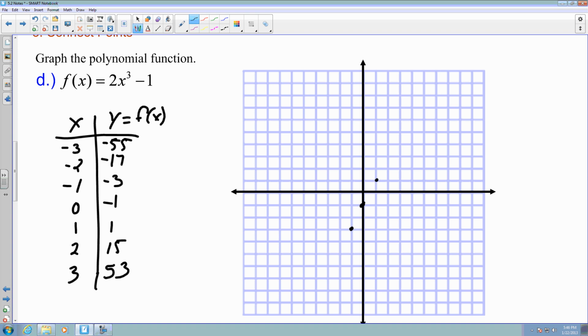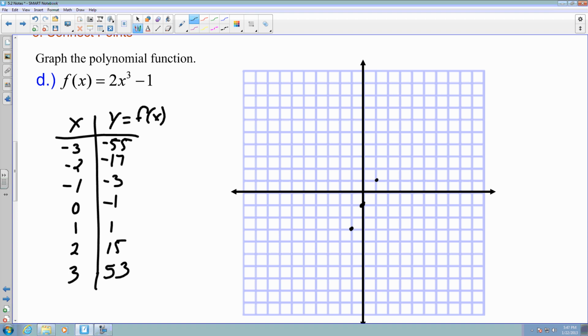And as we look, my leading coefficient is 2, so it's positive, and my degree is 3, so that means it's odd. So as my x goes towards negative infinity, my f of x goes towards negative infinity as well.